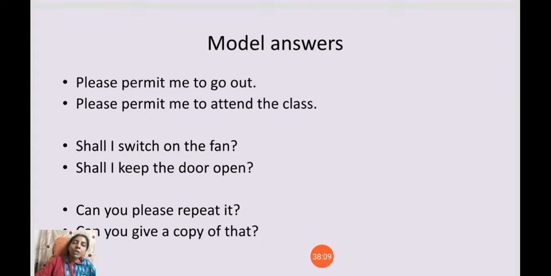Please permit me to go out. Please permit me to attend the class. Please permit me to take the pen from my friend. Please permit me to meet the teacher during the class hour.